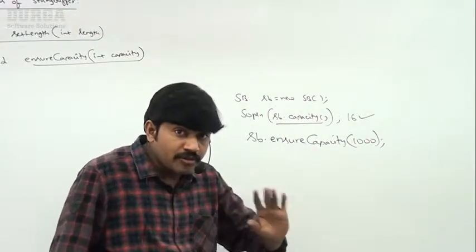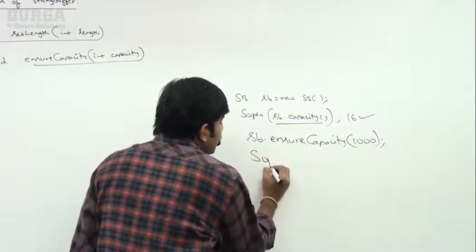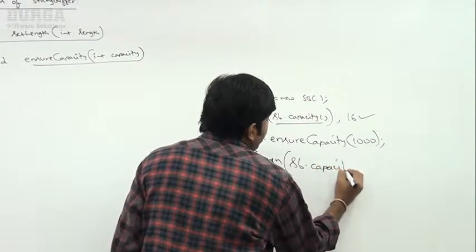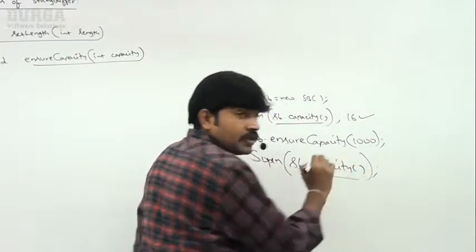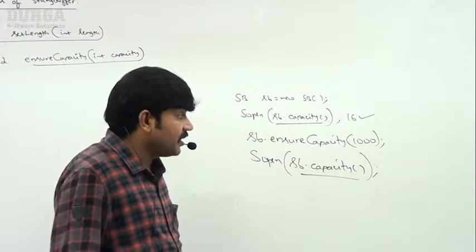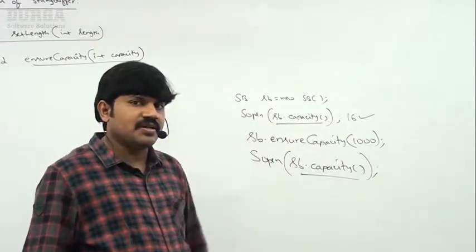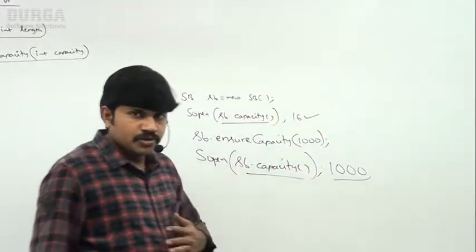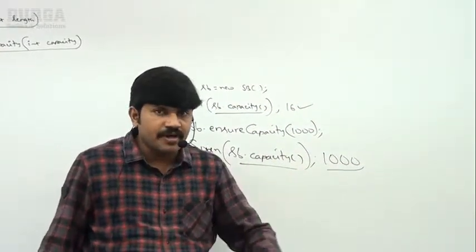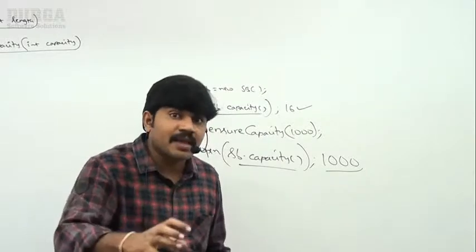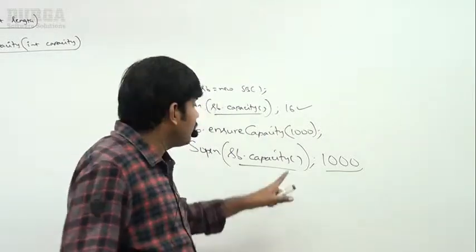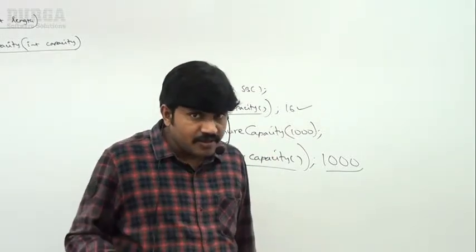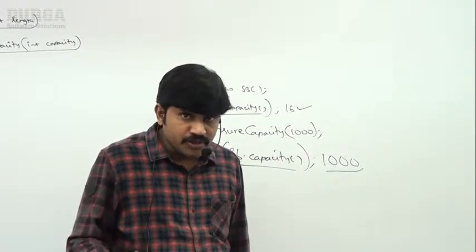System.out.println of sb.capacity, like this I'm asking. Now what is the capacity? It is not 16, it is 1000. Remember, based on our requirement, if you want to increase capacity dynamically, then we go for the ensureCapacity method. Any doubt? Are you in a position to understand?